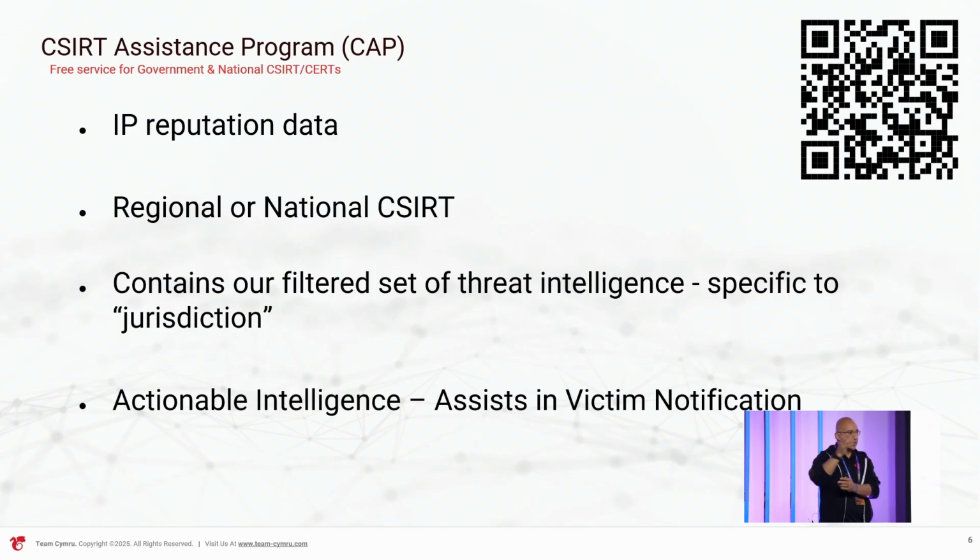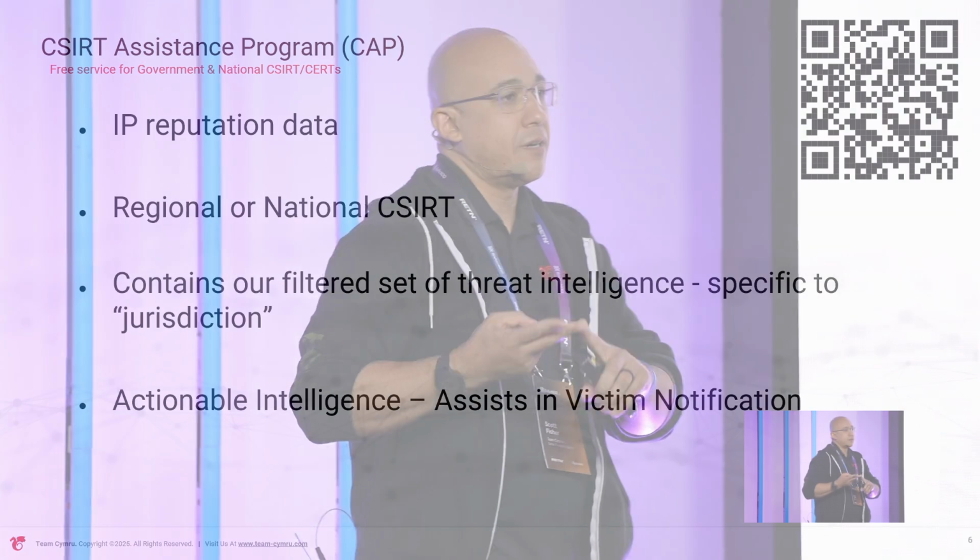That would include C2s that we know are within their country, also victims and any infected hosts. At times, they may even ask for more general things like open resolvers, open NTP servers, anything that they may be wanting to help clean up. We'll work with the ISPs. That is something we provide to a lot of CERT teams.